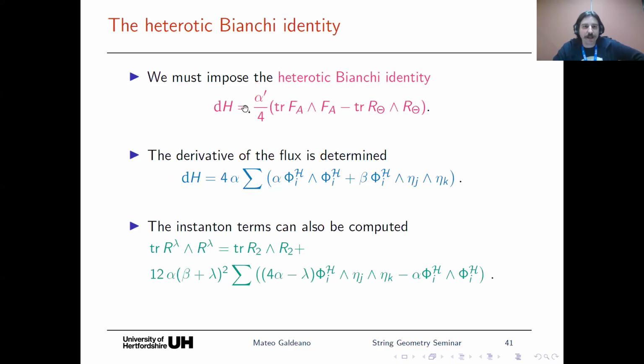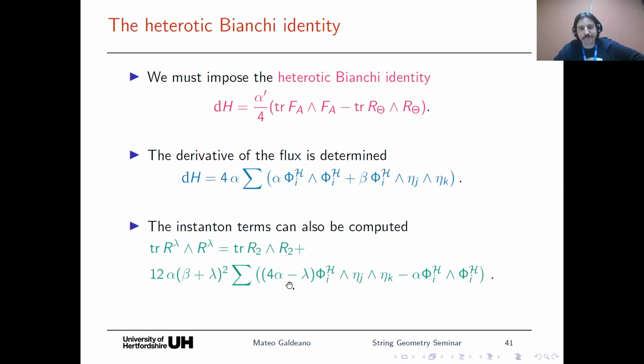We have to impose the heterotic Bianchi identity. And the derivative of the flux, the left-hand side, is determined. You have to take your H and apply the exterior derivative. And you can write it in terms of these fundamental forms that we had before. And this holds for any 3-alpha-delta Sasaki manifold. Now, for the right-hand side, these terms you can compute for our lambda parameter, our one-parameter family of connections.